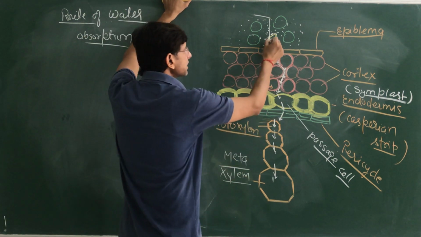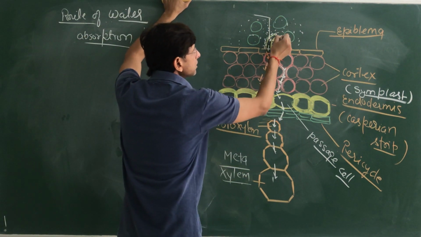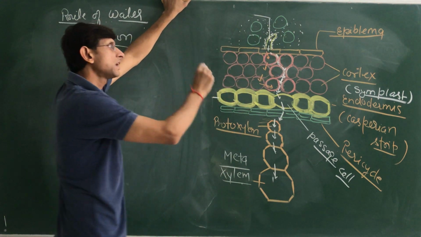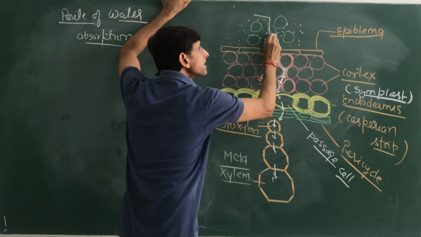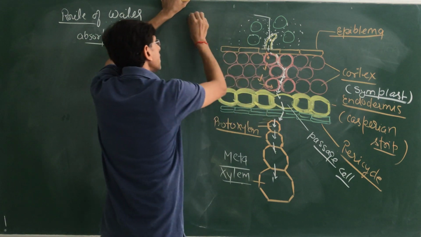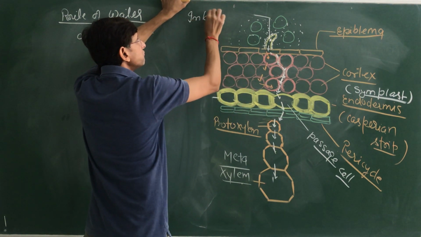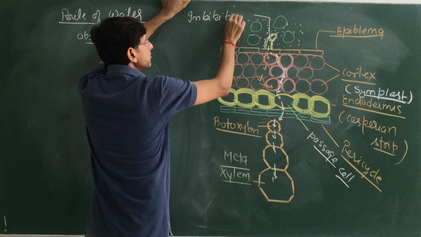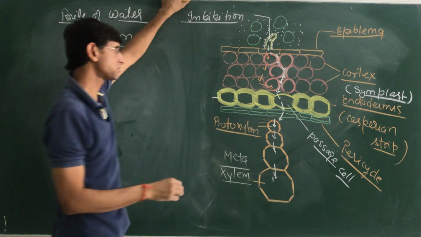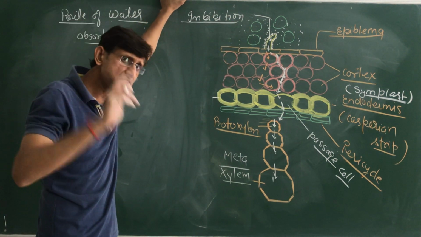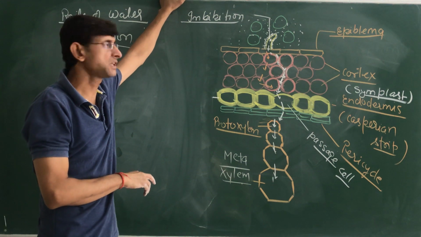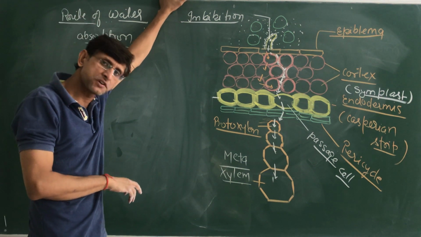So when the root hair comes in contact with the soil water, firstly water binds over the surface of root hair by the process of imbibition, which we have discussed earlier. Imbibition is also useful, and it is the first phenomenon during water absorption when water binds over the surface of root hair.